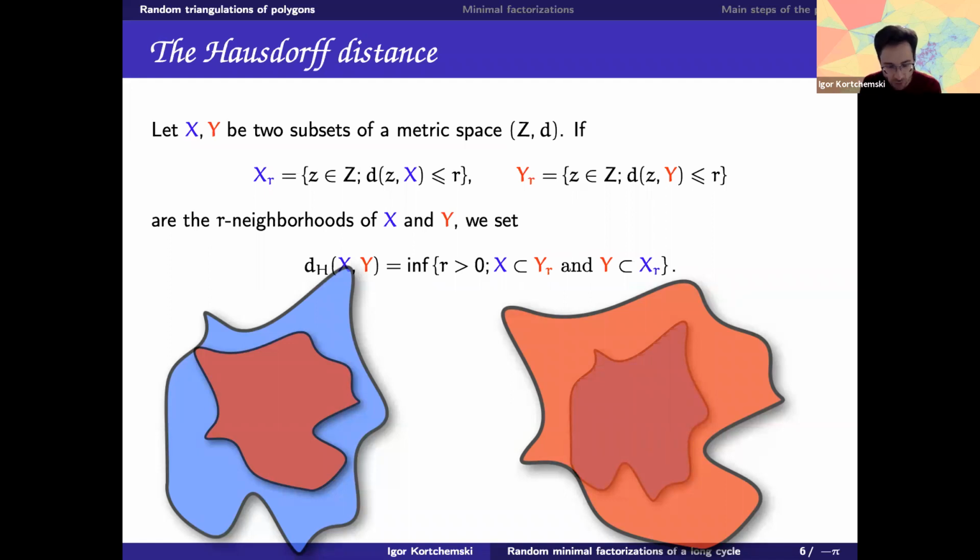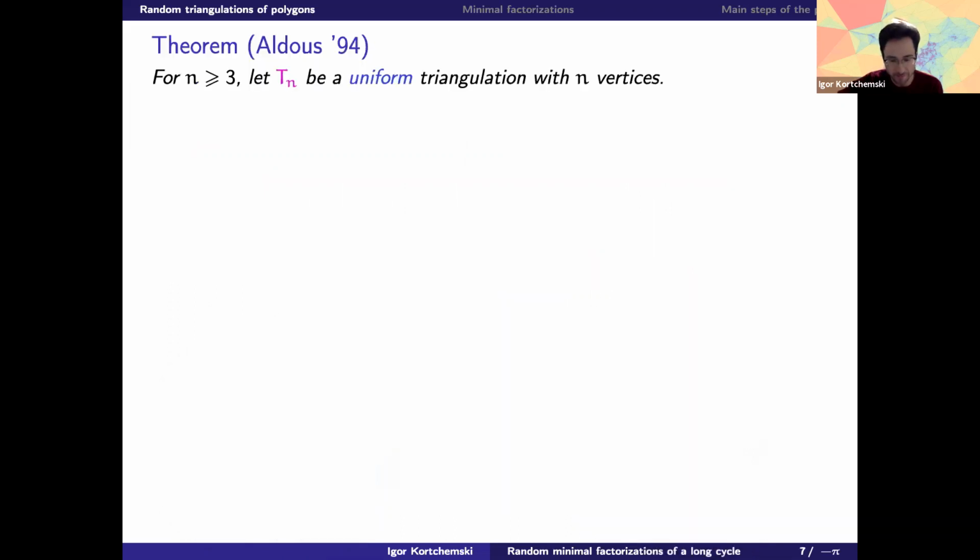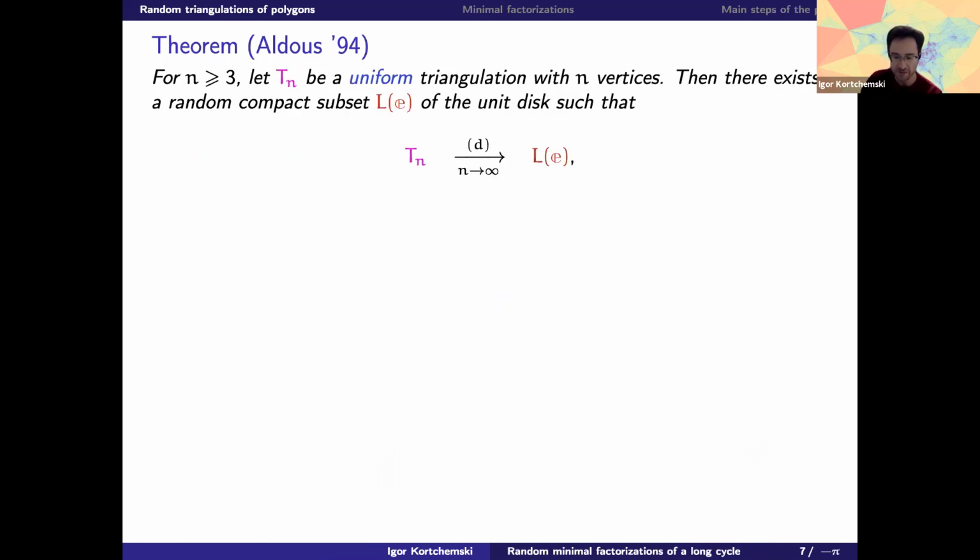And if you look at compact subsets of the closed unit disk, this is indeed a distance, which makes the space Polish, so very nice to do probability inside. And Aldous showed that if Tn is a random uniform triangulation of the polygon with n vertices, then we have convergence in distribution to a certain random object, which is a random compact subset of the unit disk.